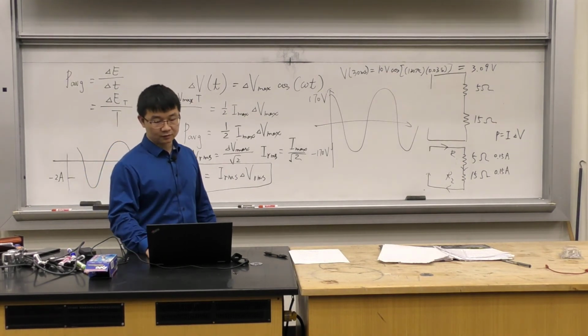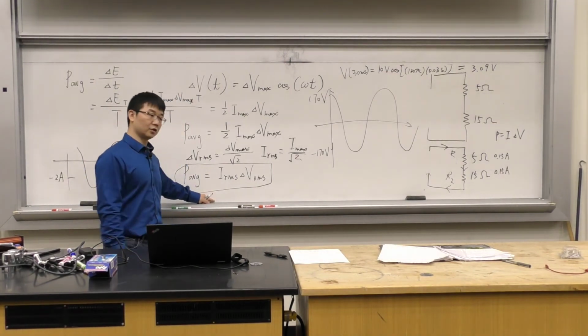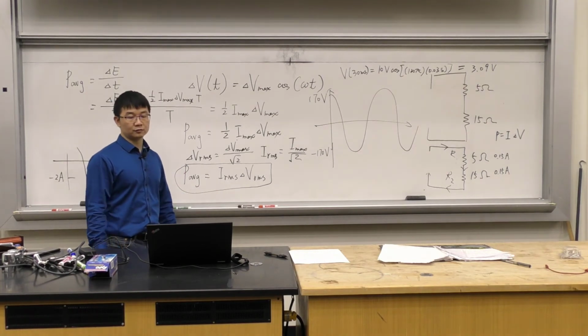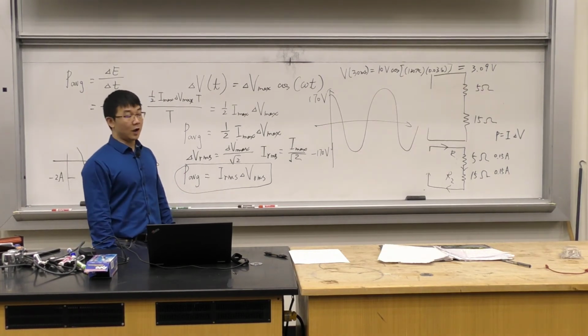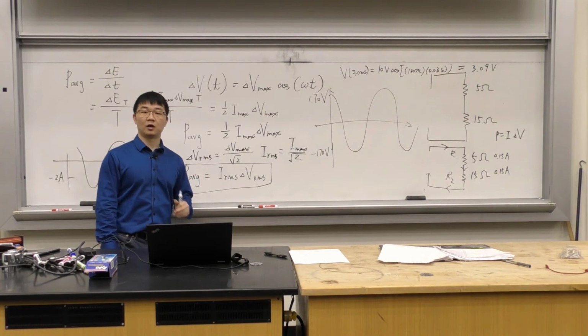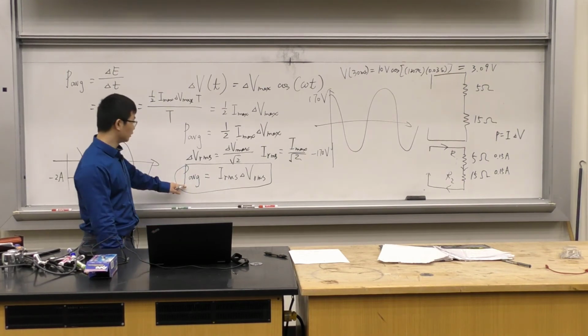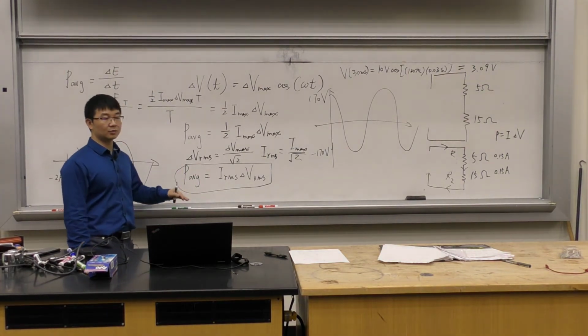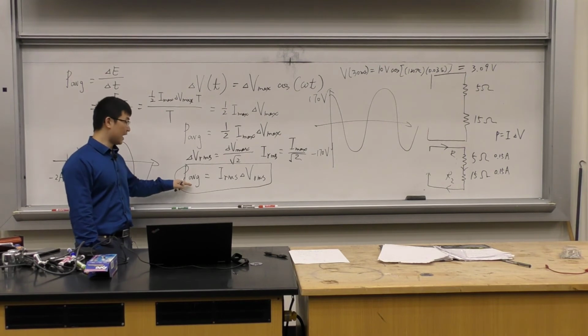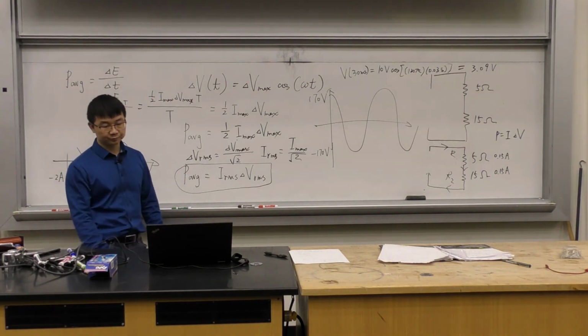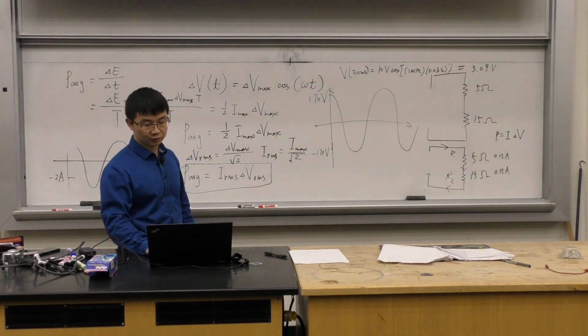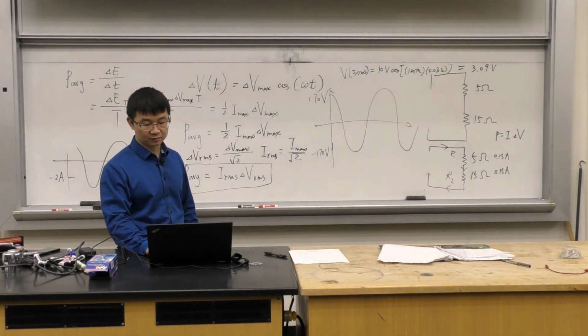Okay, so that's the RMS value. When we talk about the voltage from any wall outlet, actually we're talking about the RMS value. The average power, right? When you say the power of a light bulb, we are talking about the average power. These are the difference between the RMS value and the maximum value.